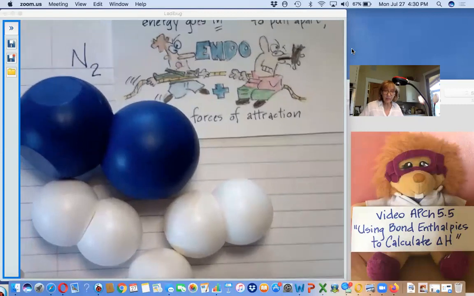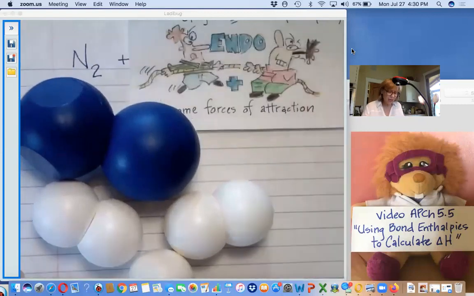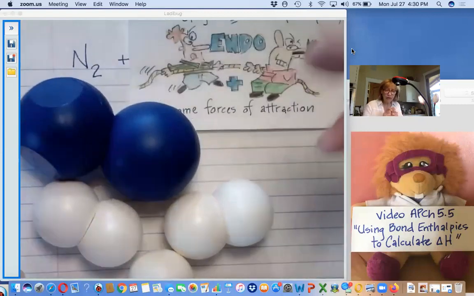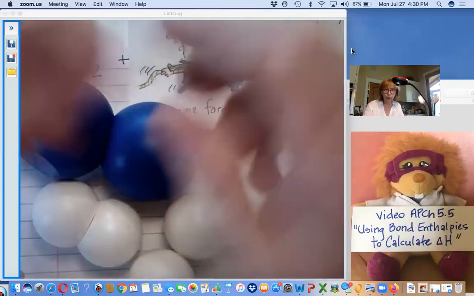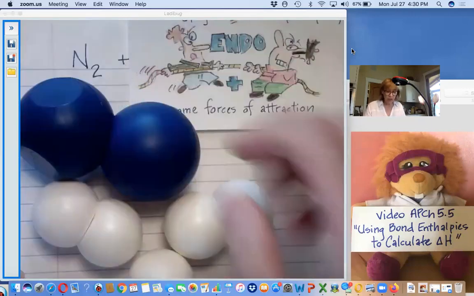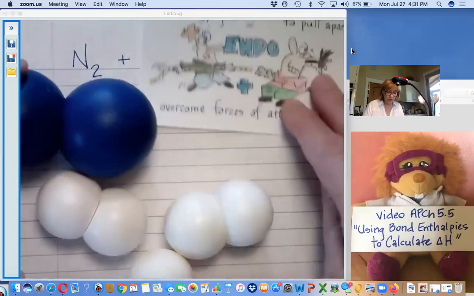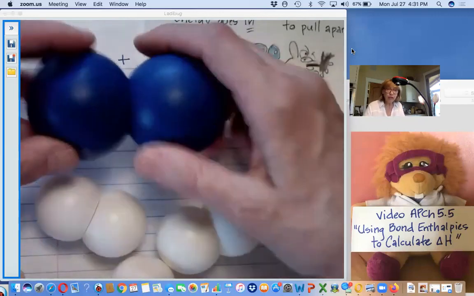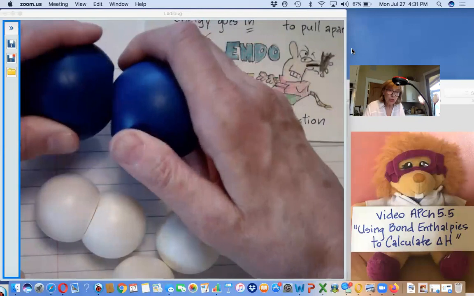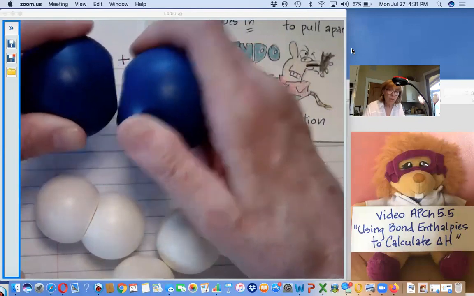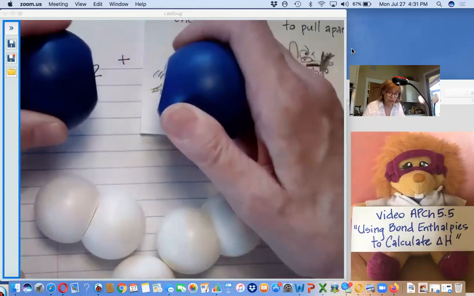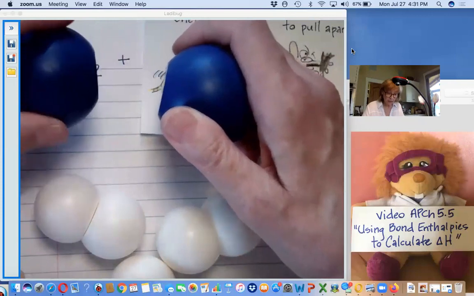Okay, so anytime we are breaking bonds, and again, when we say breaking bonds, you have this image of snapping or breaking something physical. There's no physical thing that is the bond. The bond is just the Coulombic attraction, and I have to put energy in to overcome that force of attraction and pull the atoms apart.